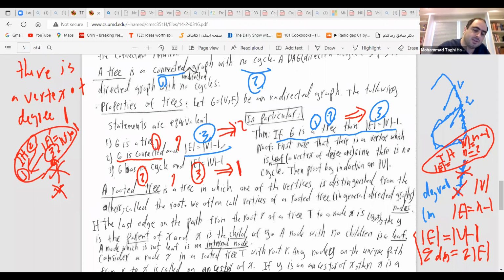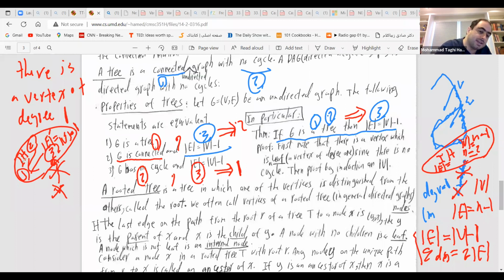Because E is equal to V minus 1, we know that there is one vertex of degree 1. And so we can just remove that vertex of degree 1. Then the rest of the graph should still be connected because this vertex was just connected to this one, and the number of edges is V minus 1. So by induction here, 1 and 3 imply 2.